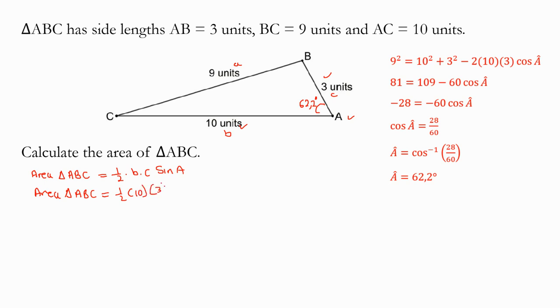C is 3 units. And then sine 62,2 degrees. Okay, and then we just put this in the calculator. You get our answer. It's very easy, isn't it? Area of triangle ABC is equal to 13,3 square units. That's the area there that you're supposed to get.